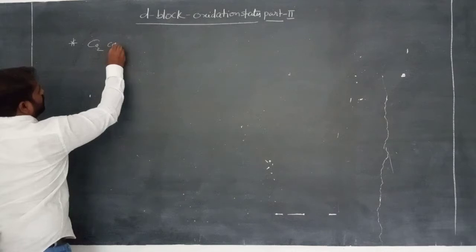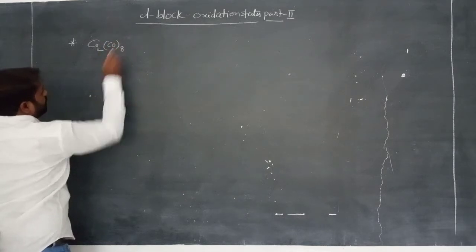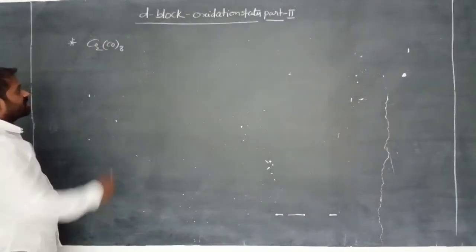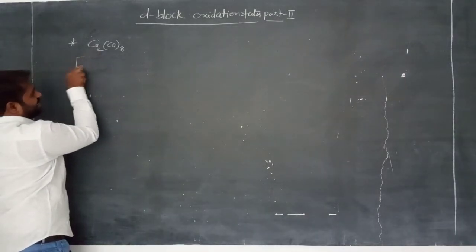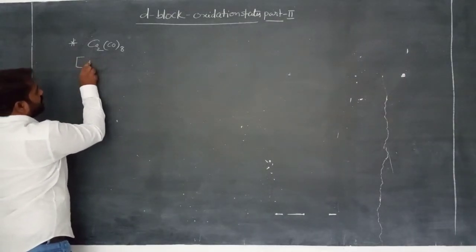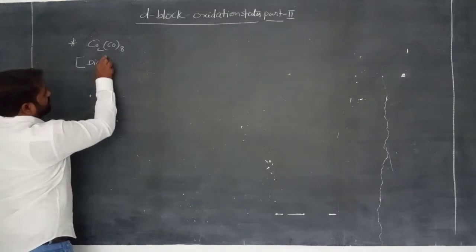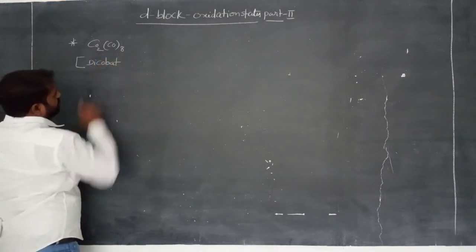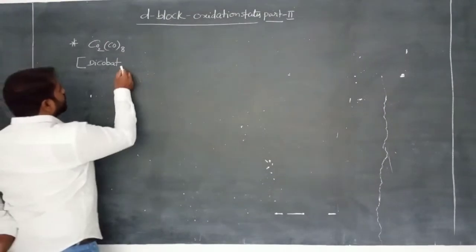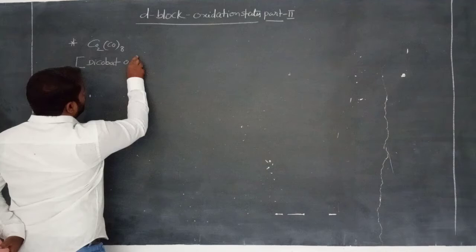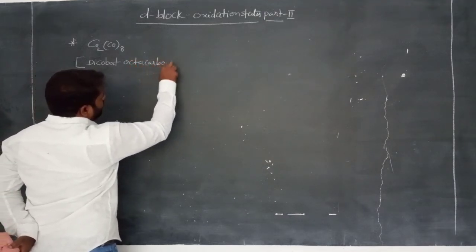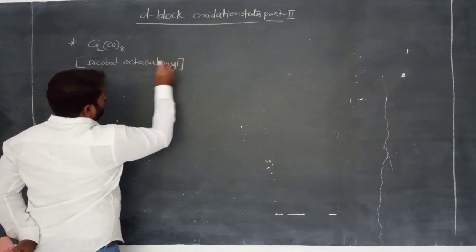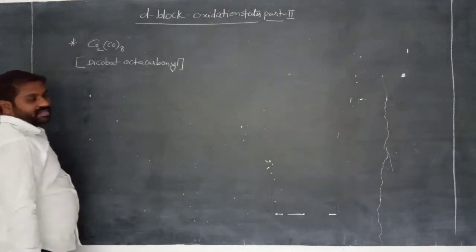Co2(CO)8, carbon monoxide, cobalt. So the name of this catalyst is dicobalt octacarbonyl.